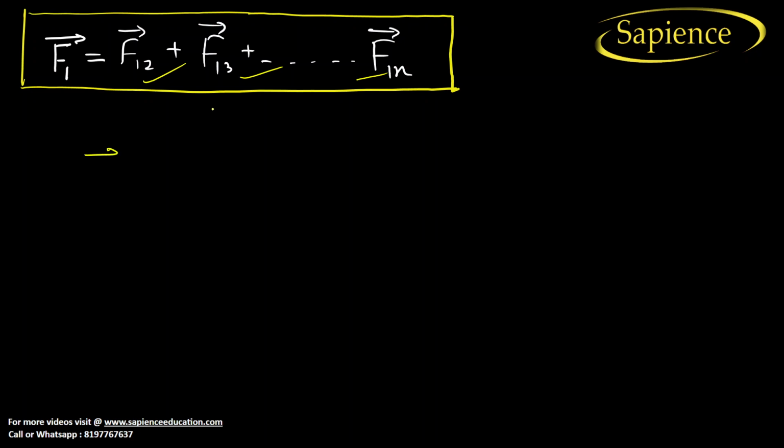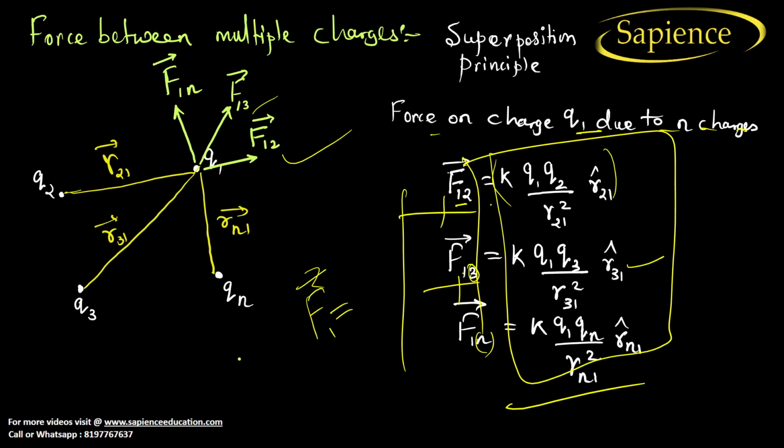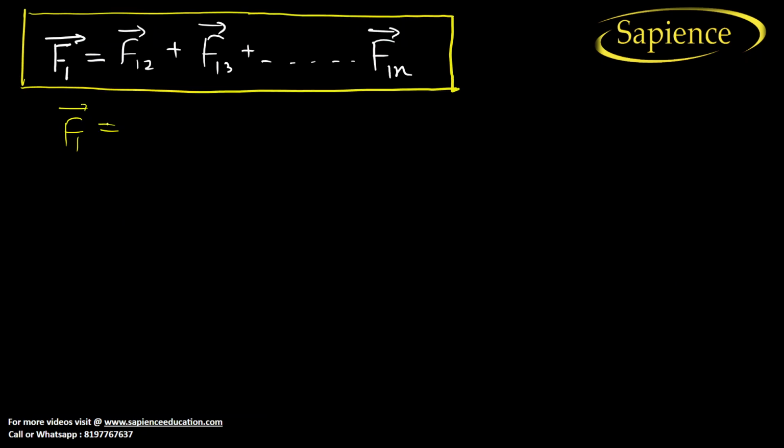So you can also put the values here, as we have already done. How will you find the values? Let us consider F1. F1 will be equal to F12 plus F13 and so on. F12 is k q1 q2 by magnitude of r21 into r21 cap, plus k q1 q3 by magnitude of r31 into r31 cap.